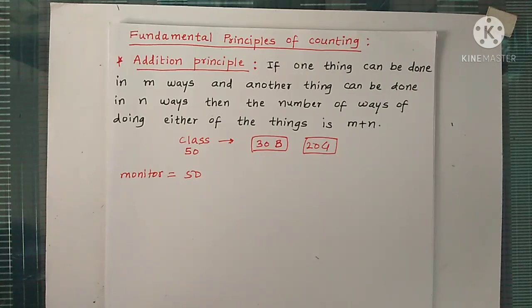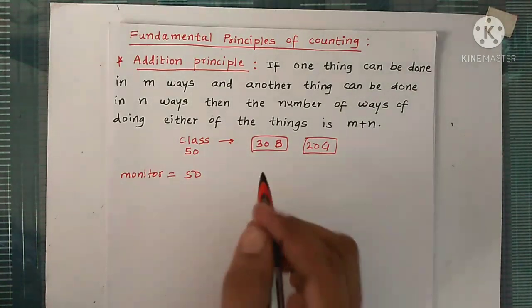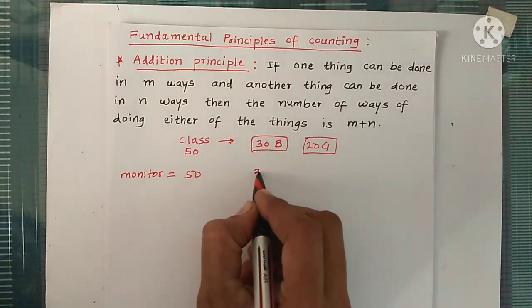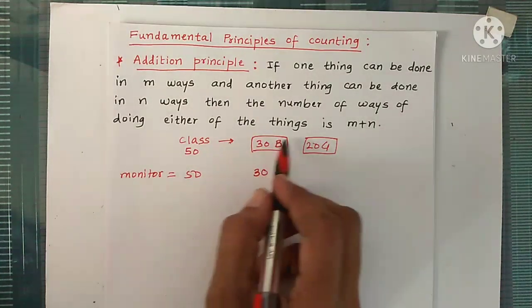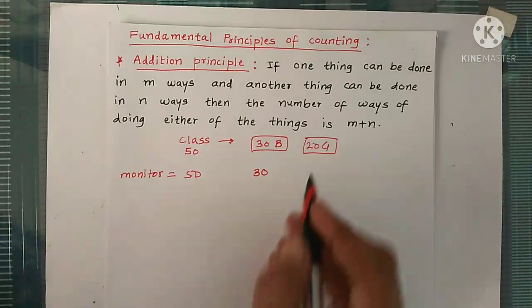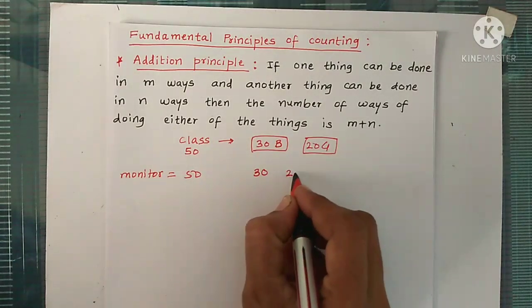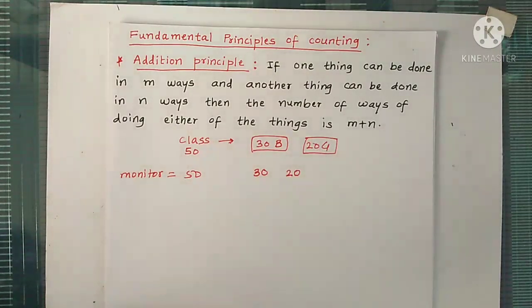Now if a class teacher wants to select a boy, then the number of ways of selecting a boy is 30, as we have 30 boys, and the number of ways of selecting a girl is 20. As we have 20 girls, any one of them can be selected. So the total number of ways of selecting a girl is 20.